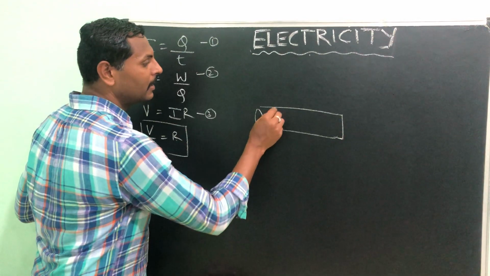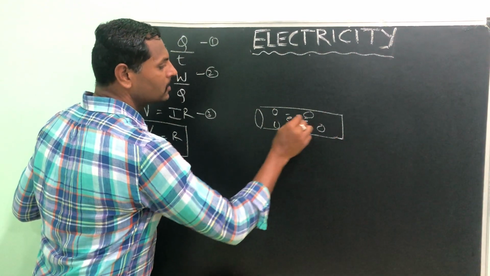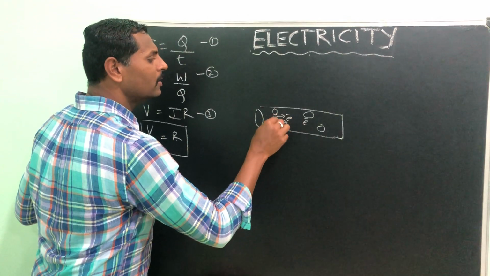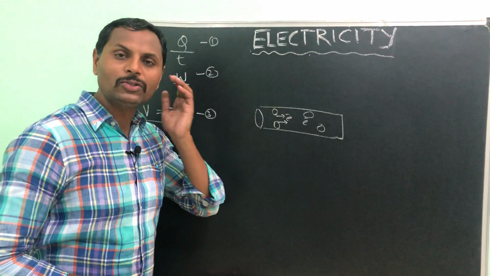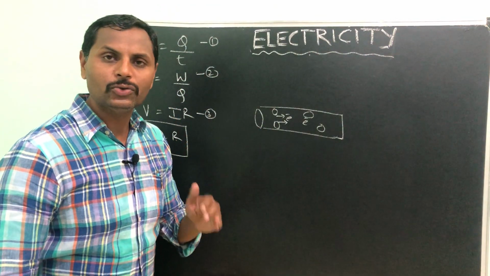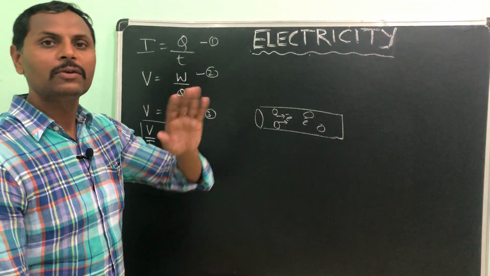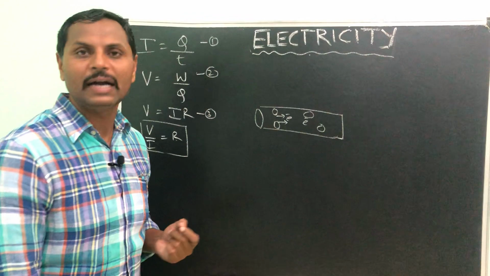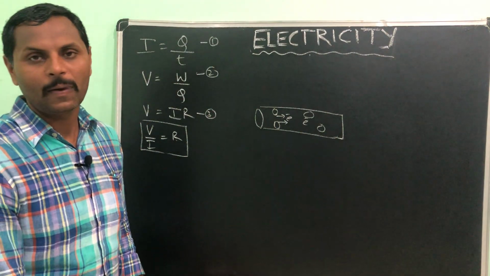In a conductor, see here, electrons are moving like this, and the atoms are in oscillation movement. So they show the disturbance or the hurdles or the opposition for the flow of current, that we call resistance.